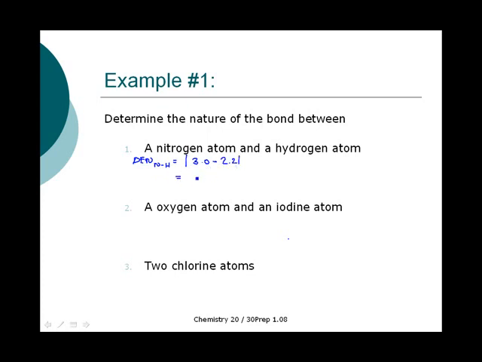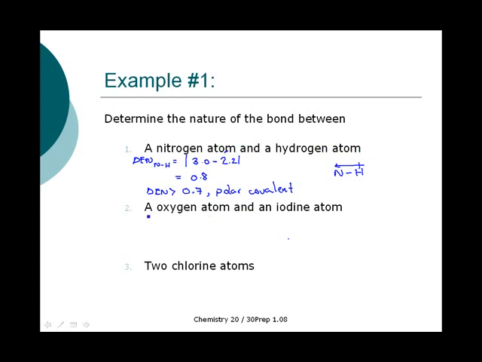So we get a difference of 0.8. Since it's greater than 0.7, this is going to be a polar covalent bond. And to represent it as such, we would go N, H, and the arrow would go this way.